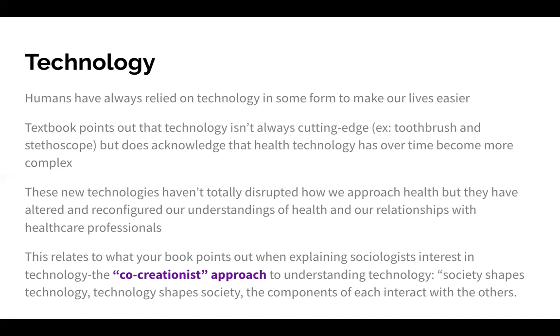That approach, if you're using it to understand technology, is that science and society shape technology, technology shapes society independently, and then the two components interact with others to shape society.